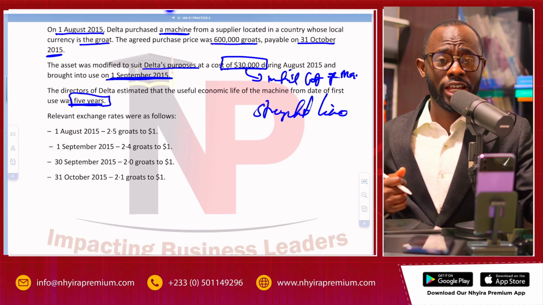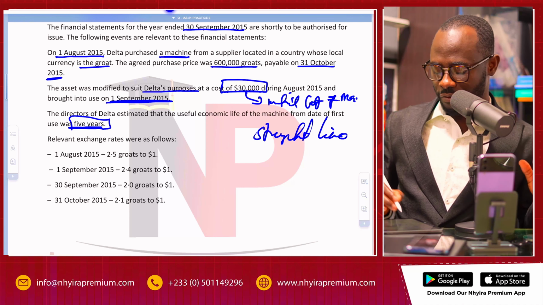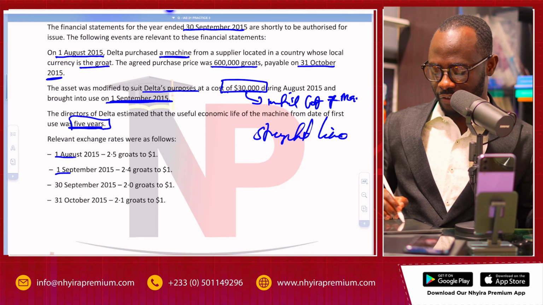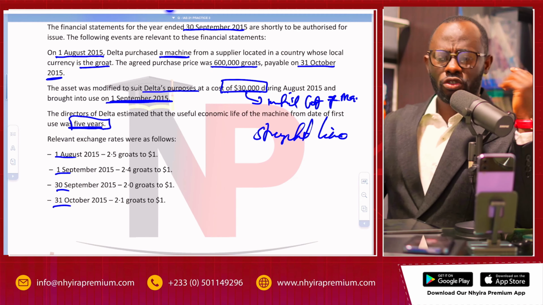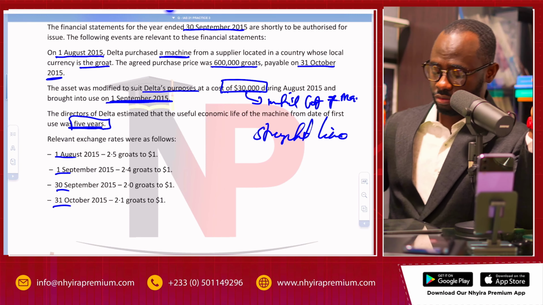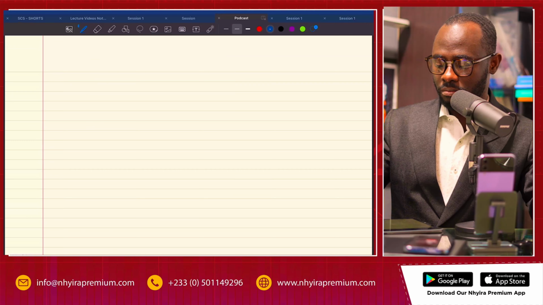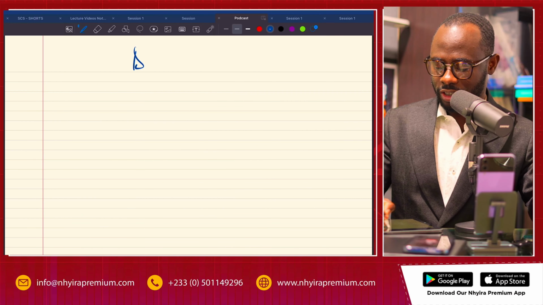So this is where the journey becomes very interesting for us. So let's see. We are giving exchange rate on 1st August, 1st September, 30th September, and 31st October. So it is important you understand what we're going to do. So let's start with our initial measurement and initial recognition.